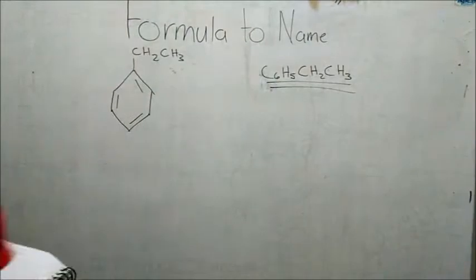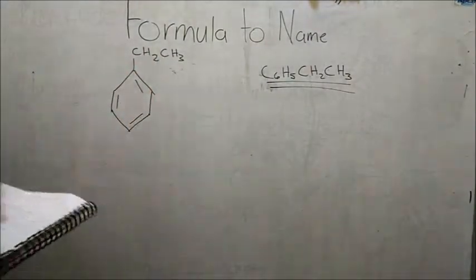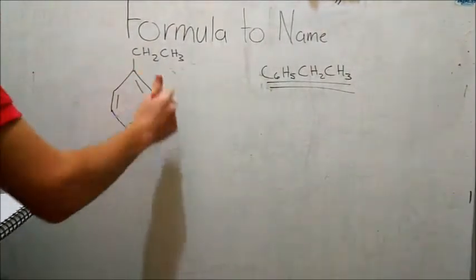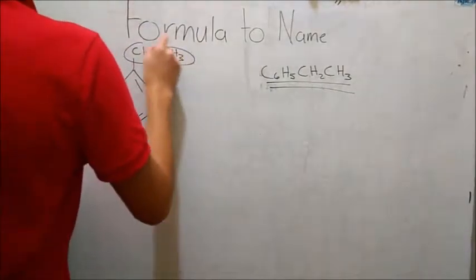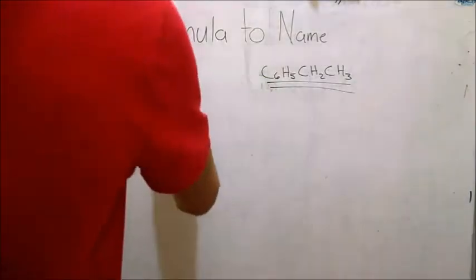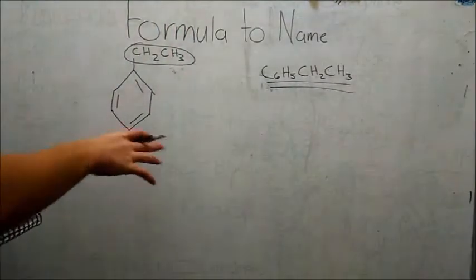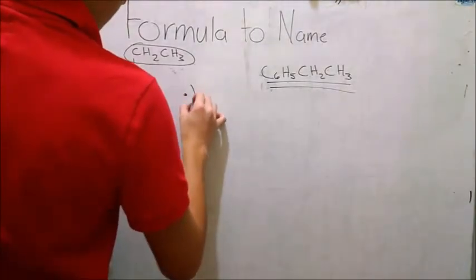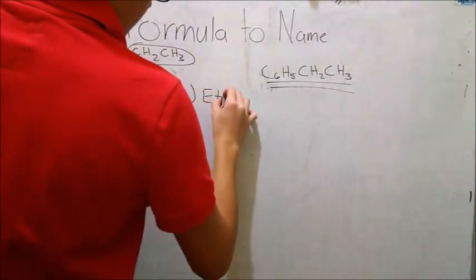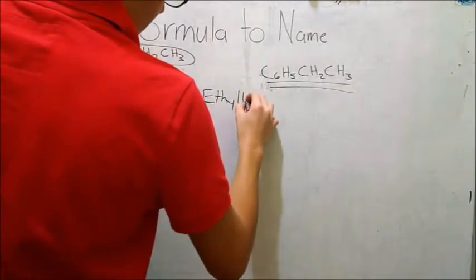Well, to know this, it is very easy. Well, as you can see here, we have two elements here, CH2 and CH3. So as we know, when we have two carbons, it is an ethyl. It is ethyl and benzene.